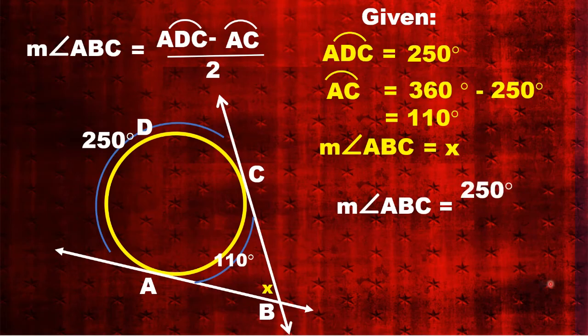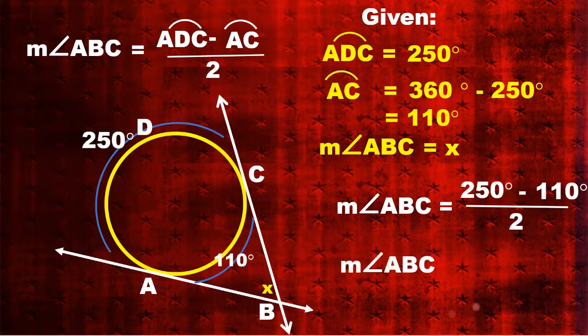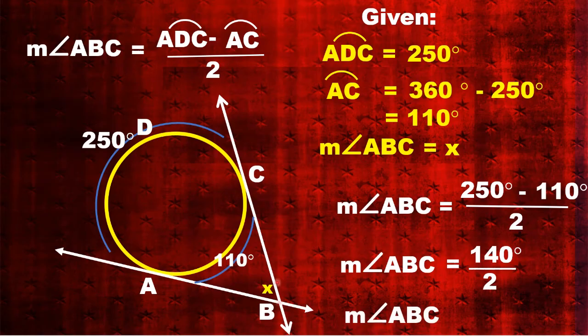It's 250 minus arc AC is 110 divided by 2. So, the measure of angle ABC is equal to 250 minus 110. It's 140 divided by 2. Therefore, ang sukat nitong angle na to, ayan, is 140 divided by 2. It's 70 degrees. Ganun lang pala yun.